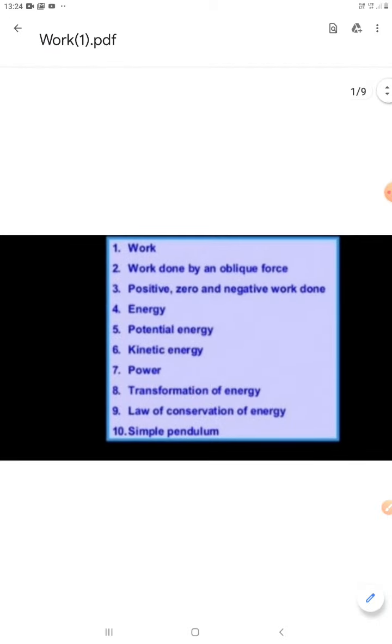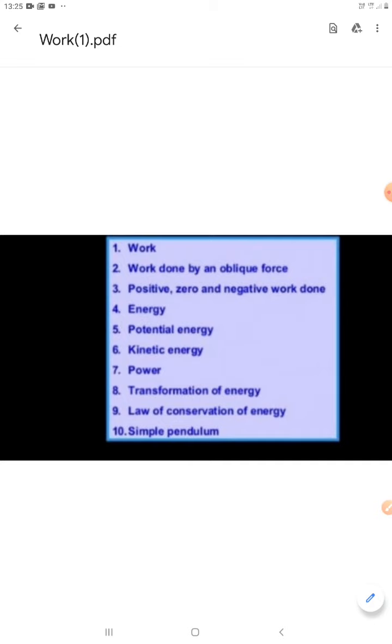In our previous videos, we have talked about ways of describing motion: distance, displacement, acceleration, velocity of objects. And then the cause of motion, in terms of the first law, second law, and third law, that was describing the laws of motion. After that we discussed something about gravitation.